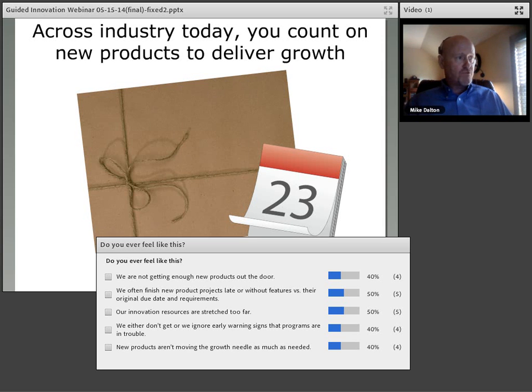About 40% of the group are not getting early warning signs that programs are in trouble, or ignoring them when they do get them, and a similar result in terms of new product programs not moving the needle, in that it looks like it's settled down at about 36%. So there we go.